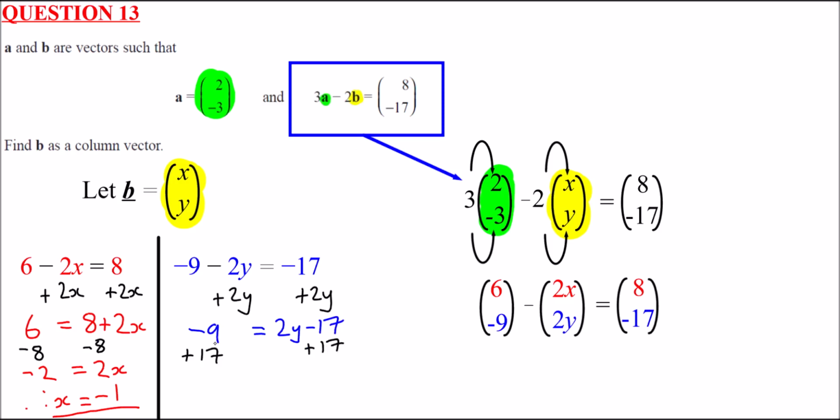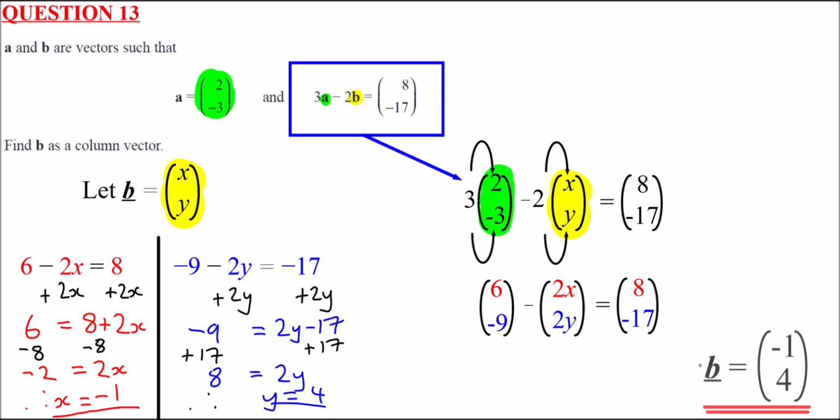On the left, minus 9 plus 17, or 17 minus 9, gives us 8, and on the right hand side we just have 2y left. Finally, dividing through by 2 on both sides, y needs to be equal to 4. So we've worked out what x is and y is, so we've worked out what column vector B is. B must be (-1, 4).